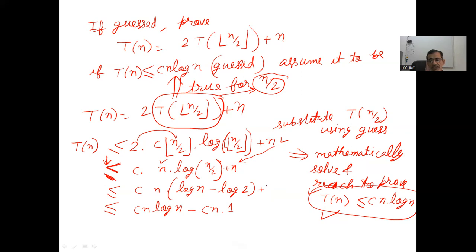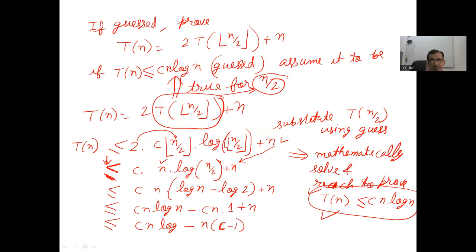So this n is still there, and I say plus n. So I can easily say Cn log n minus n into, taking common, C minus 1.